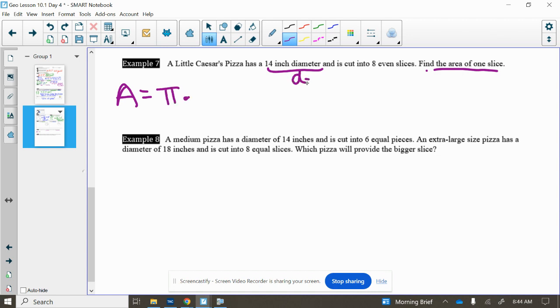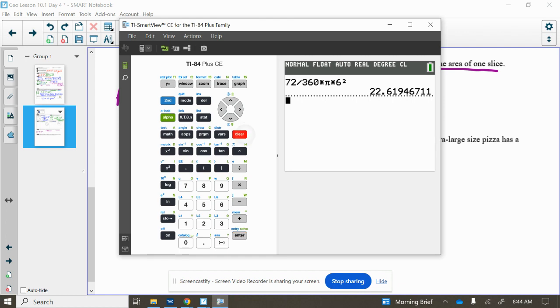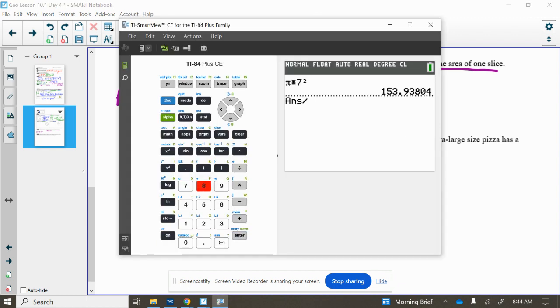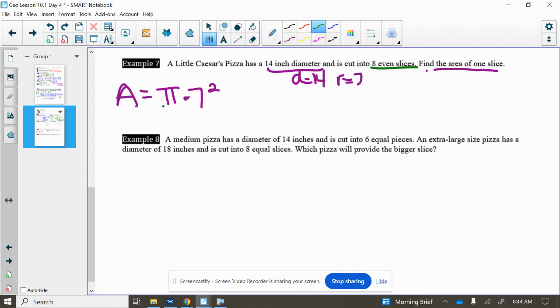If the diameter is 14, radius is 7, so pi times that radius value squared. Now that would be the area of the whole pizza. If it's being divided into 8 even slices, we divide this by 8, and that will give us the area of just one slice, so 19.2 square inches.